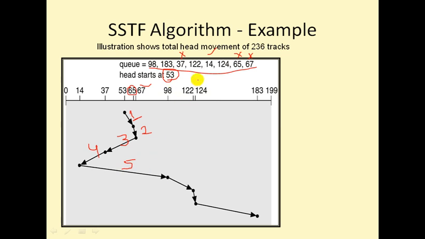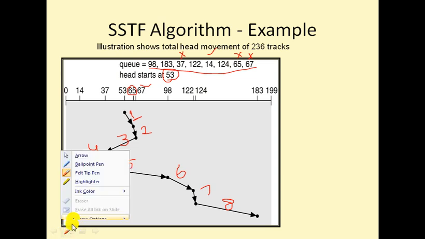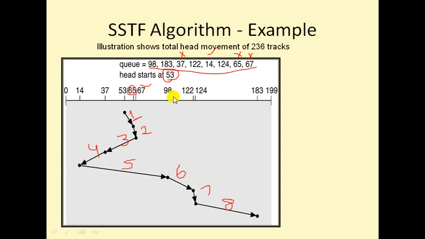From 98 the nearest one is 122. This is the sixth move. From 122 the nearest one is 124. This is the seventh move. From 124 the nearest one is 183, and this is the last one, my eighth move. So here we have the starting head position 53 and the tracks available in the queue.